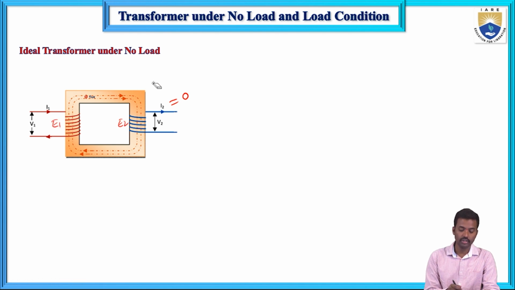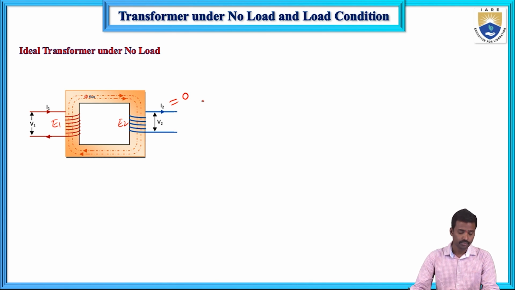According to Faraday's law of electromagnetic induction and the mutual inductance concept, E1 and E2 will be developed in the primary and secondary respectively. Now the secondary winding current is 0 because it is an open circuit. This is the circuit condition for the ideal transformer.